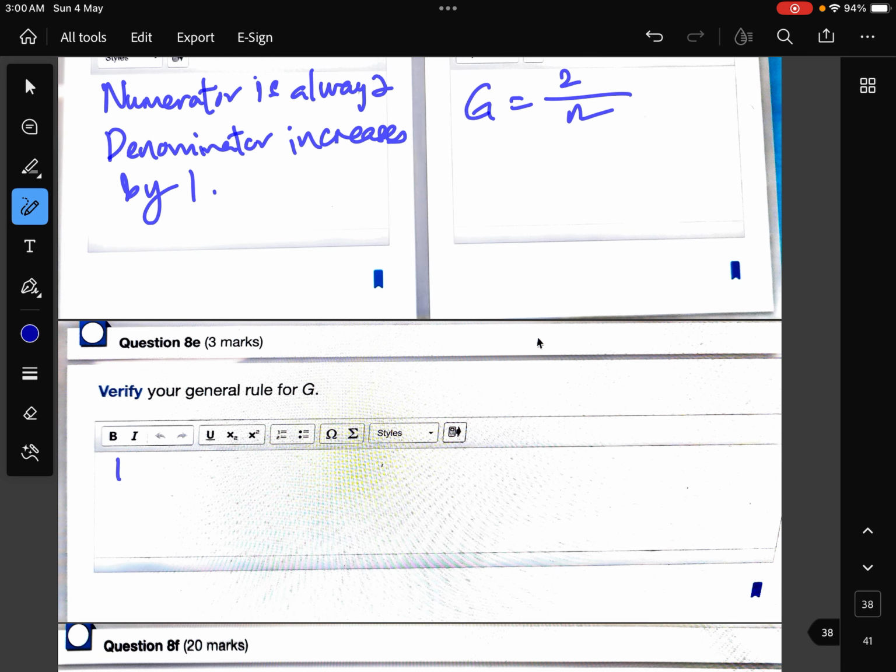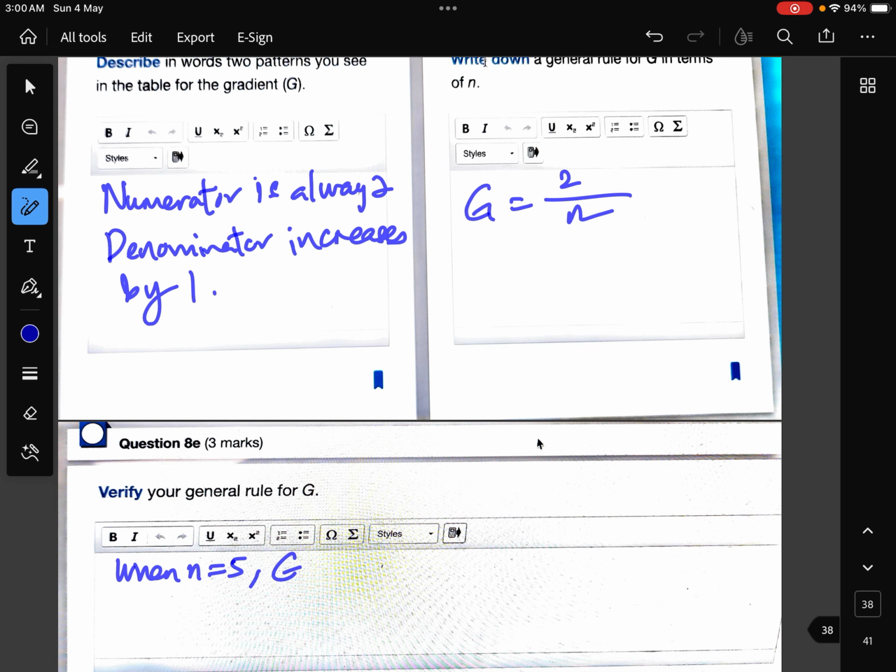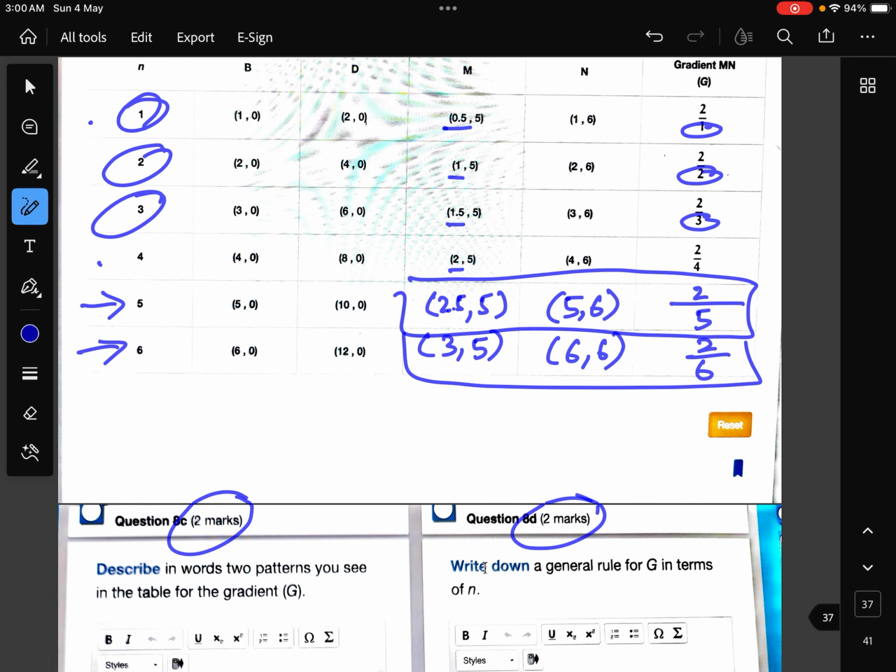So when n equal to 5, we want to put this number here in with the general rule which you found in the previous part. We know that this is going to be 2 over 5, but that's not good enough, because how do we know that this is actually going to be 2 over 5? So we need to go back to the table again. We need to use another way to find out why 2 over 5 is exactly the correct answer.